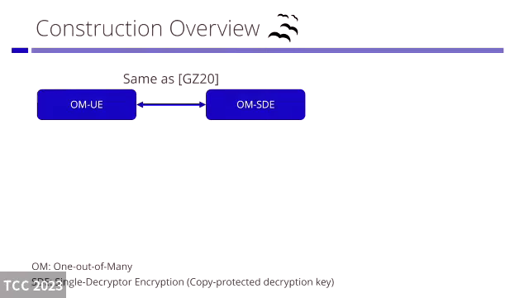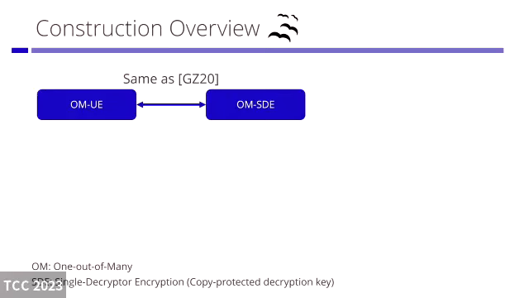Now, let's move to how to achieve our one-out-of-many unclonable encryption. First, we can show that one-out-of-many unclonable encryption is equivalent to one-out-of-many single decryptor encryption, which is a copy-protected version of public key encryption.